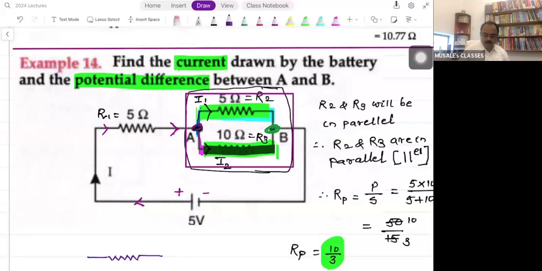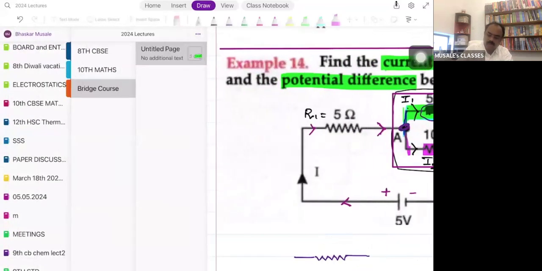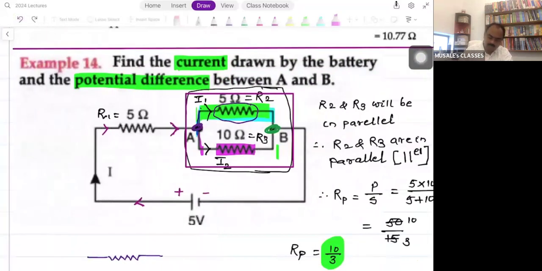So at point A, current is getting divided. That's why this resistance and this resistance, these two resistances, they are in parallel. Okay, त्याचा रेजिस्टन्स किती आलाय?